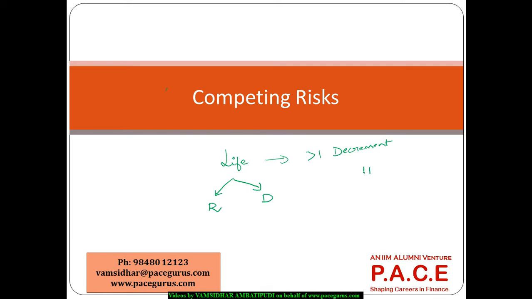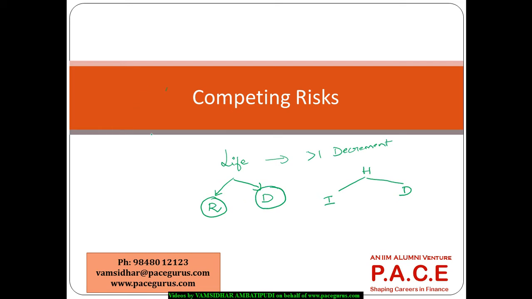Or a healthy person can leave the healthy state either because of illness or because of death.